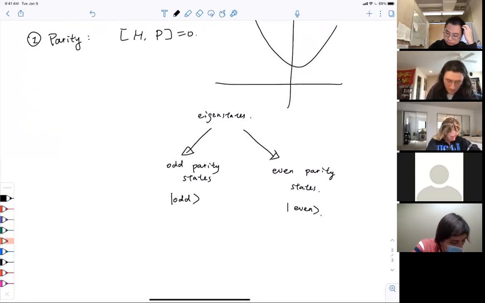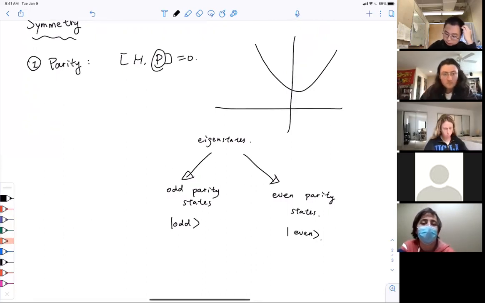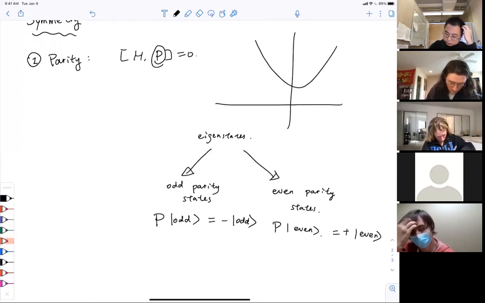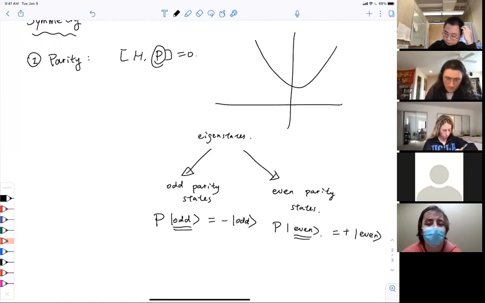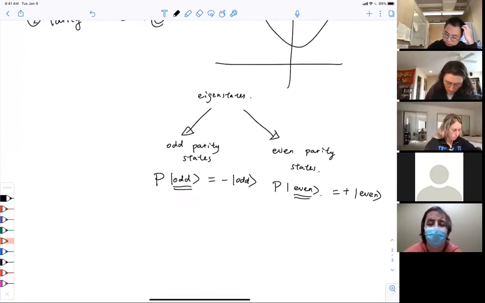They are all eigenstates of the Hamiltonian, and they are also eigenstates of the parity operator. But the difference is one has a minus sign, and another one has a plus sign, right? In real space, the odd parity state means it's an odd function of x, and even means an even function of x. It's very easy to understand.